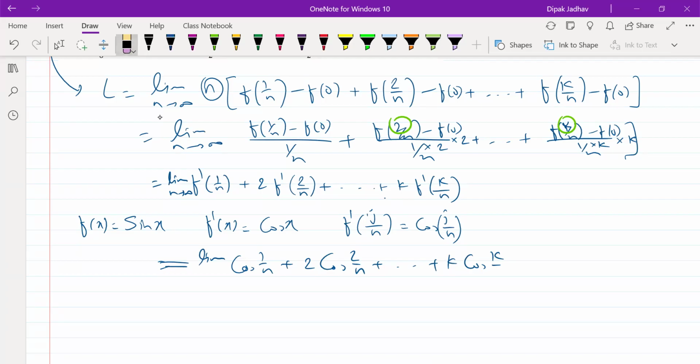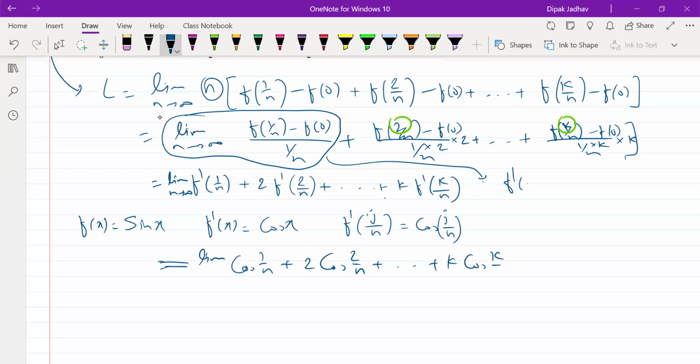Anybody can figure out the mistake? Sorry, let me. This term, when I split the limit, this term will be equal to what? f dash of 0.